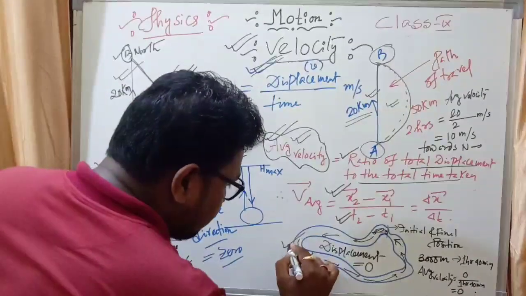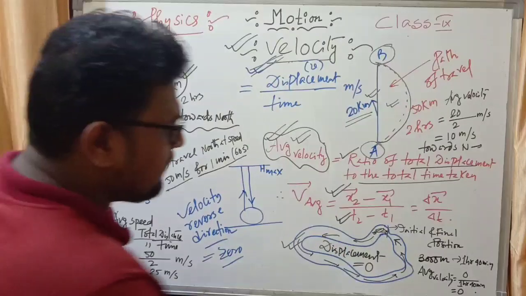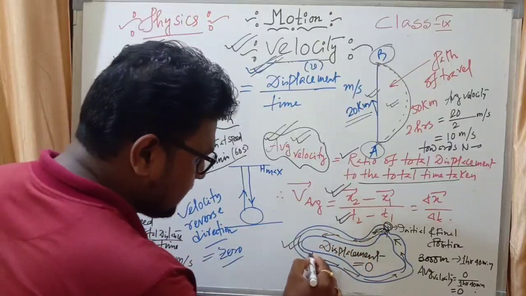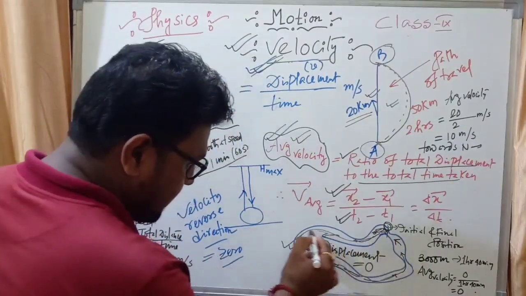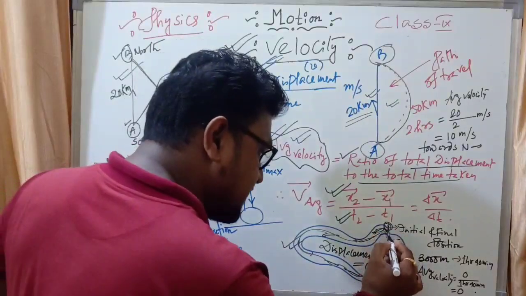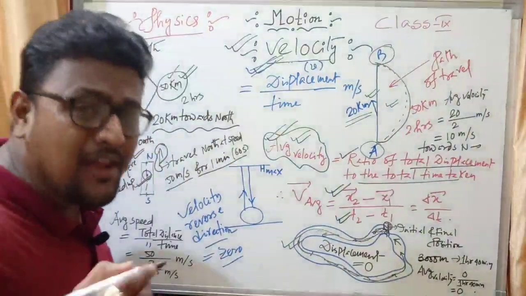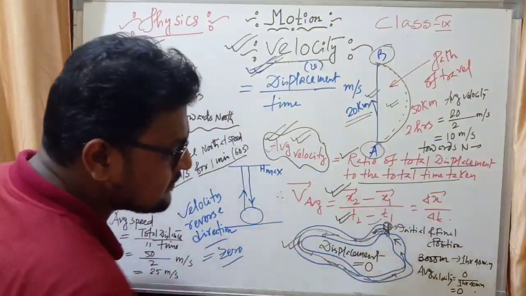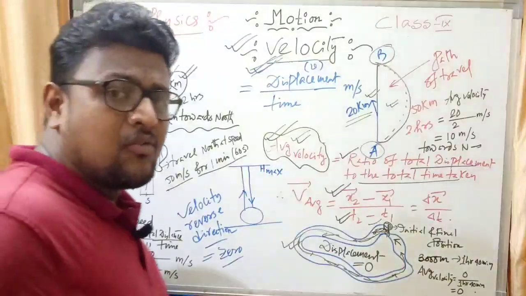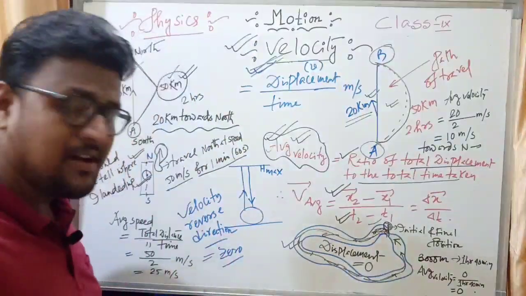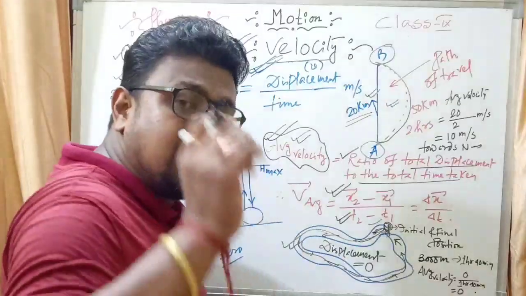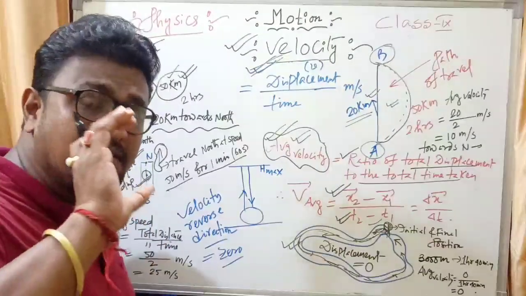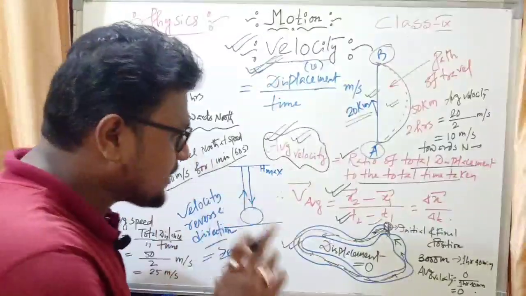Right? Now look at this diagram. If a car from the initial point travels the total path and again reaches the final destination, can you please tell me what is the total average velocity of that car? I hope you remember while discussing the concept of displacement, I mentioned displacement means initial point to final point, so total displacement should be 0.